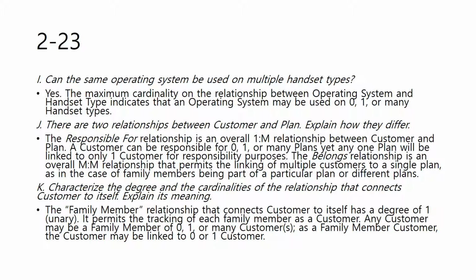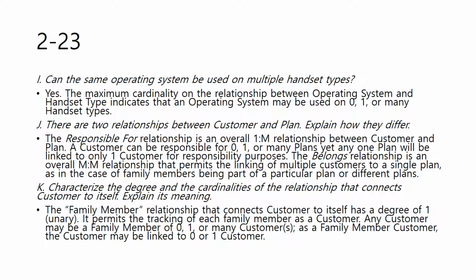The belongs relationship is an overall many-to-many relationship that permits the linking of multiple customers to a single plan, as in the case of family members being part of a particular plan or different plans.